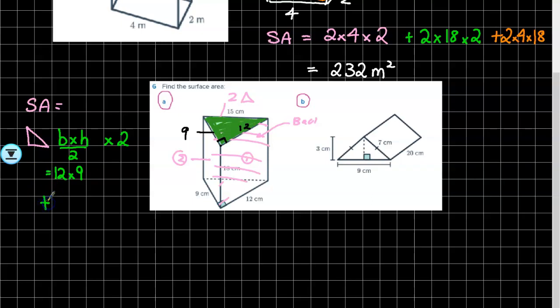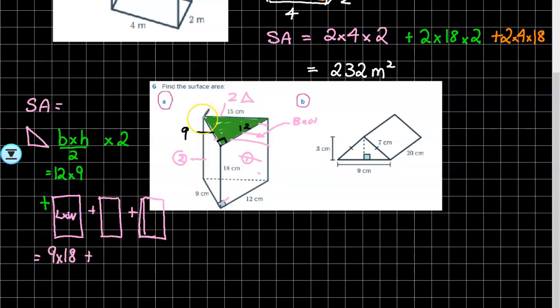Okay, we're going to add our 3 triangles. Oops, rectangles. What are the dimensions of my 3 rectangles? We've done that one, which is 9 by 18.